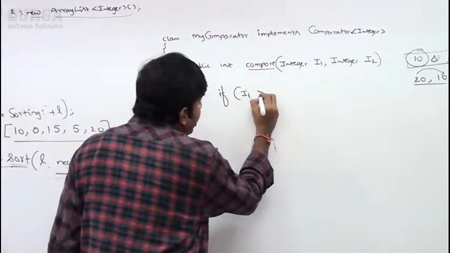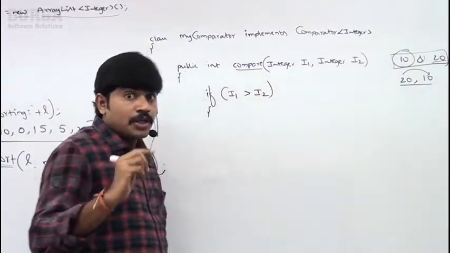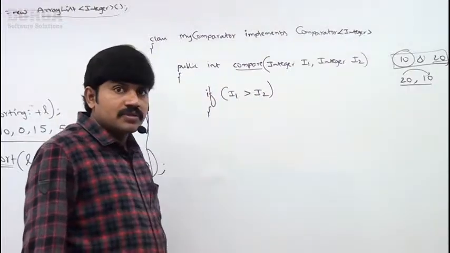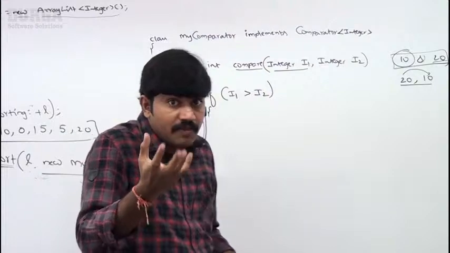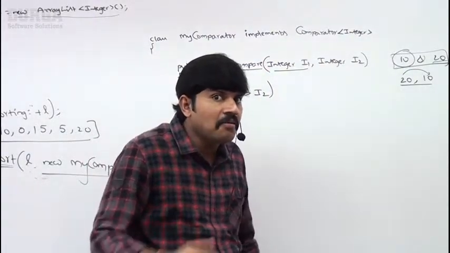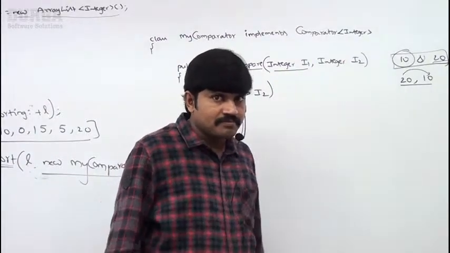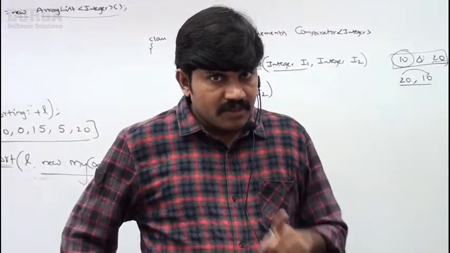Now observe that if i1 is greater than i2, sir, observe carefully. If i1 is greater than i2, i1 is the bigger value when compared with i2. Should the bigger value come before or after? Don't get confused. Which type of sorting do we require? Descending order.